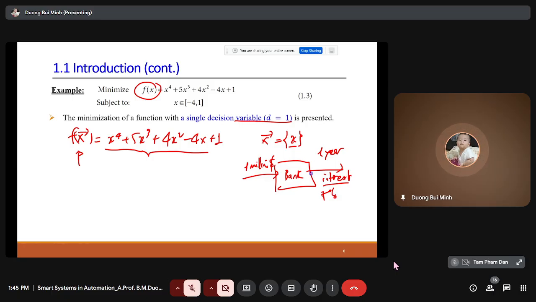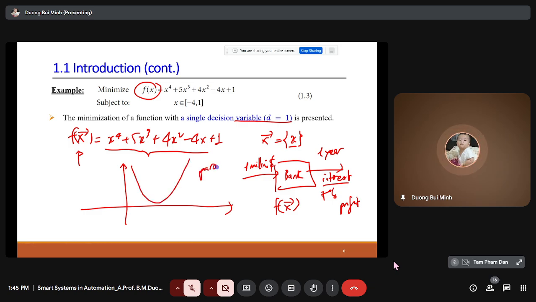So you try to maximize the profit, to maximize the interest when you send the money to the bank. That means we should have the objective function f(x). Or if we have a function like this, what is it?